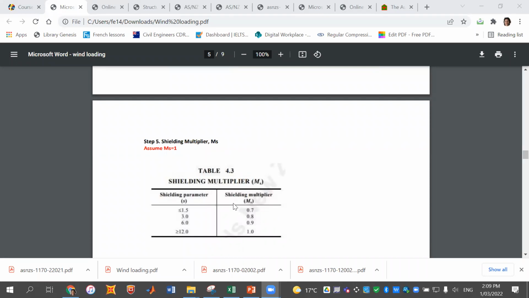So again, you need to find out about this factor by research, or alternatively, you can choose one.